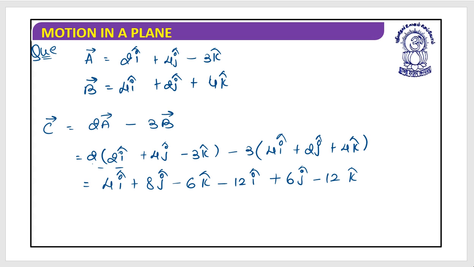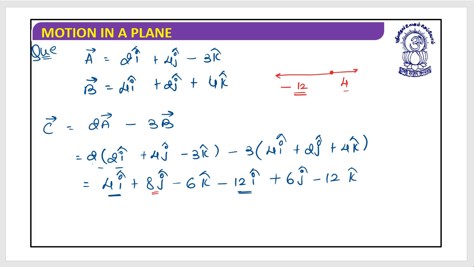Now you understand that this is 4i, this is minus 12i. Even if you look at this graphically, this is 4 and this is minus 12, and these two are in the x and negative x directions, so I need to subtract them.